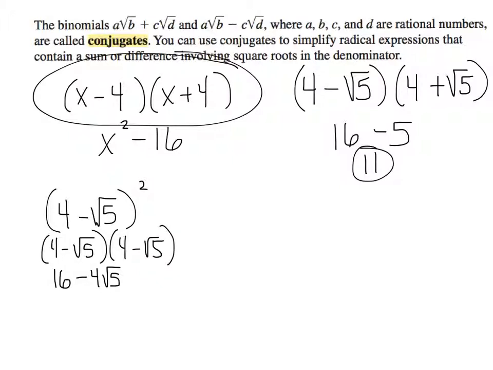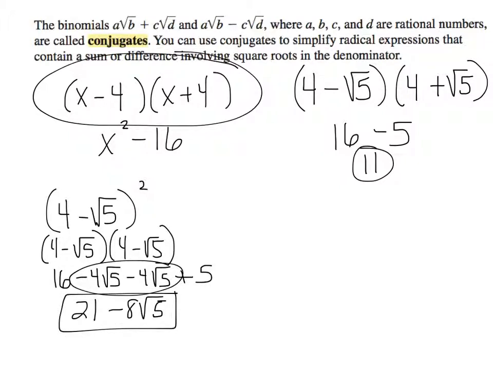Negative root 5 times 4 is negative 4 root 5. Negative root 5 times negative root 5 is positive root 25, which is plus 5. That would give you 21 minus 8 root 5. You treat these just like terms. Negative 4 and negative 4 is negative 8. Now we're going to talk about this later, but I just wanted to show you what we're doing.